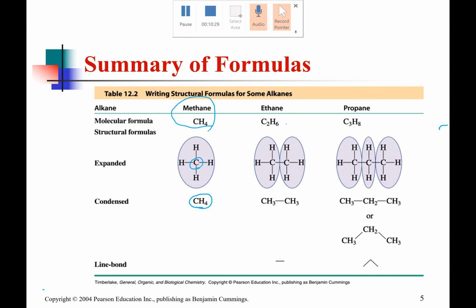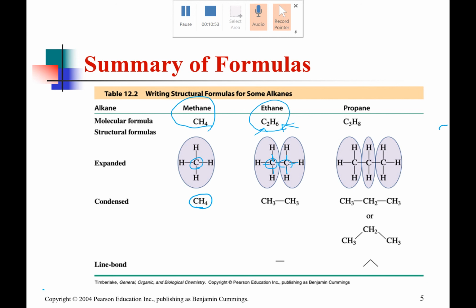Now, if I look at the structure of ethane, where it has got 2 carbons and 6 hydrogens, I can write the expanded structure, 2 carbons connected with 4 bonds. So I place 4 bonds here. And then when there is no carbon-carbon bond, I place a hydrogen.